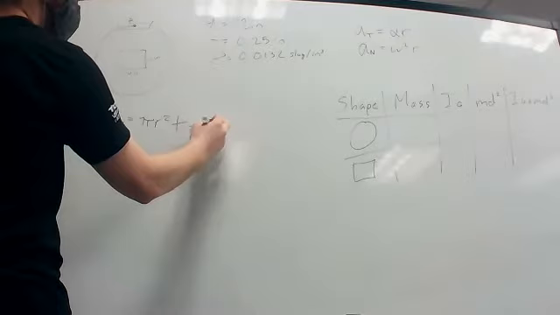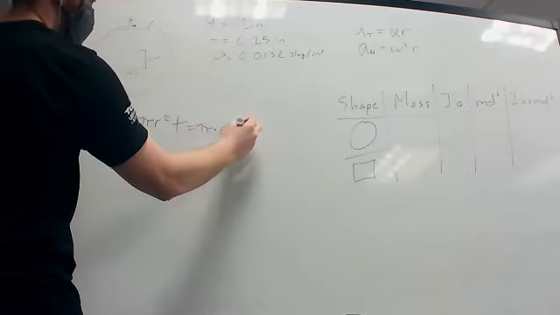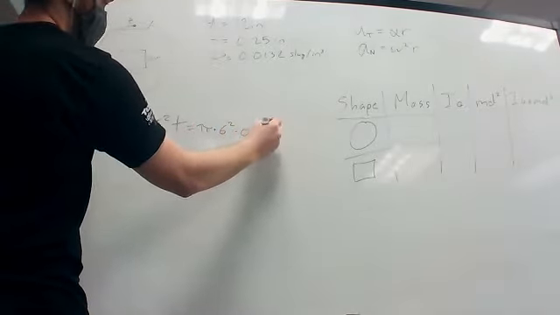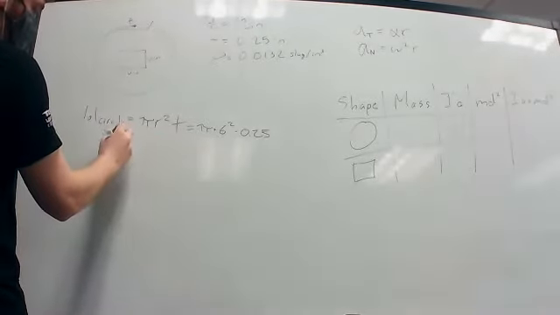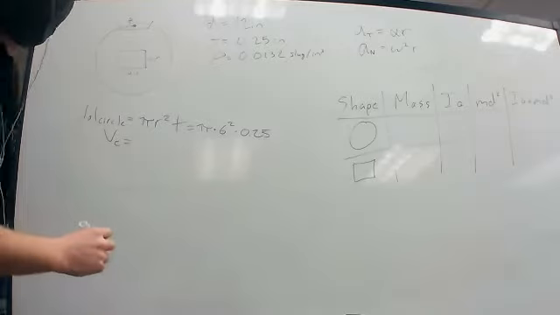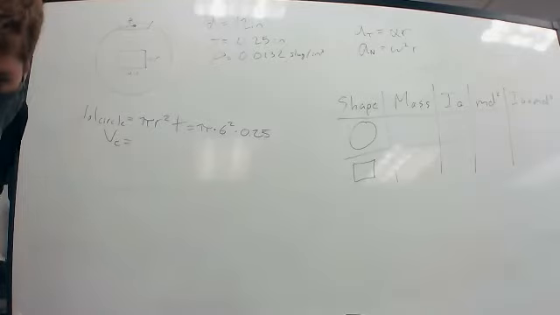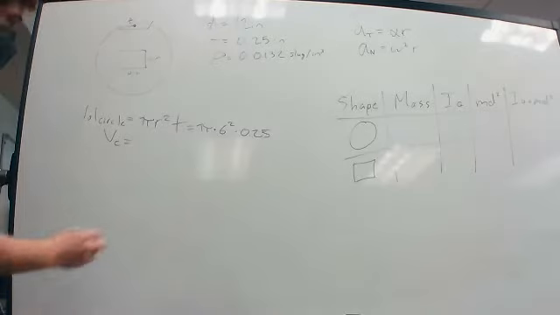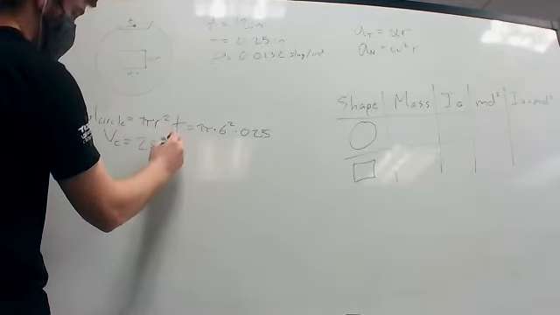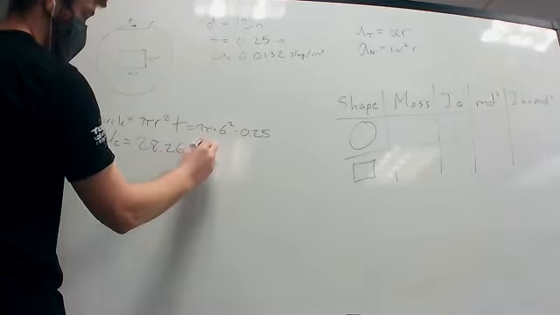So it's pi times 6 squared times 0.25, where this comes out to be volume of circle equal to 28.26 inches cubed.